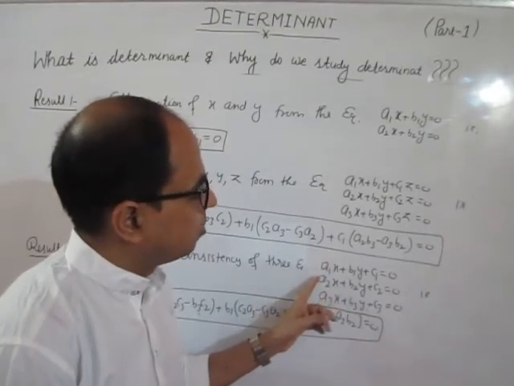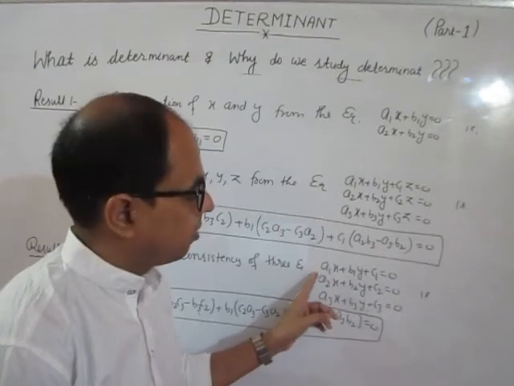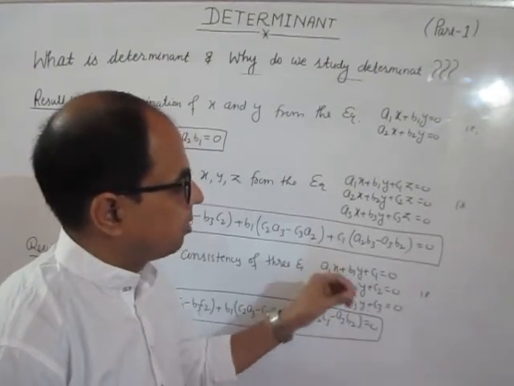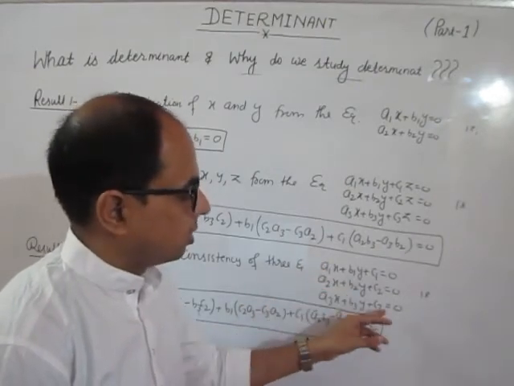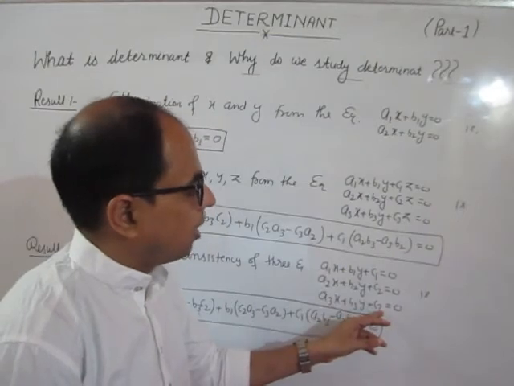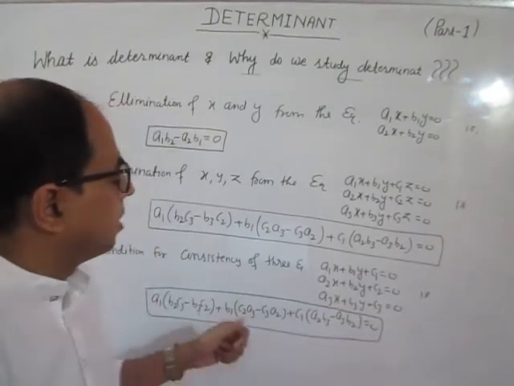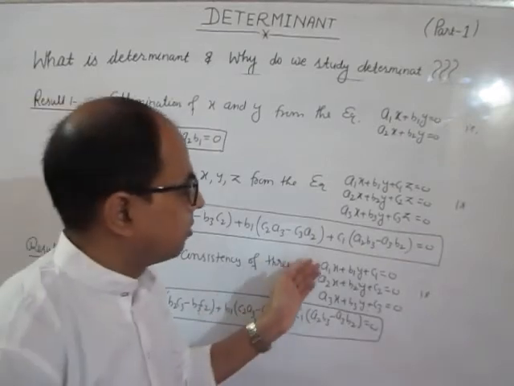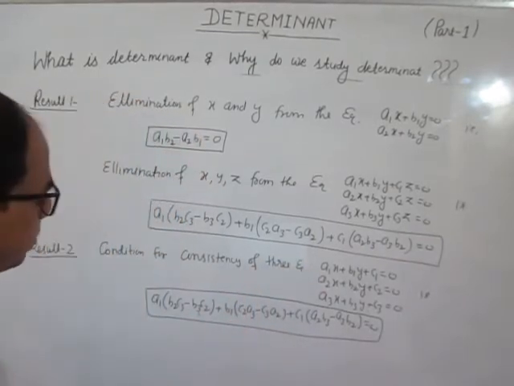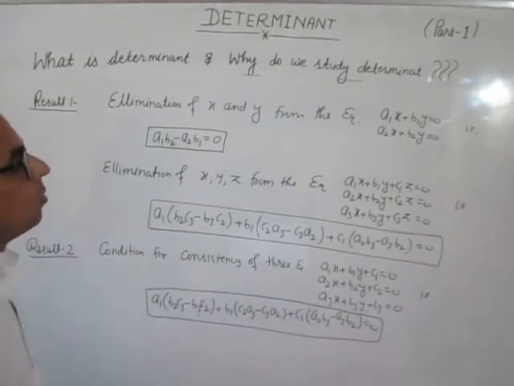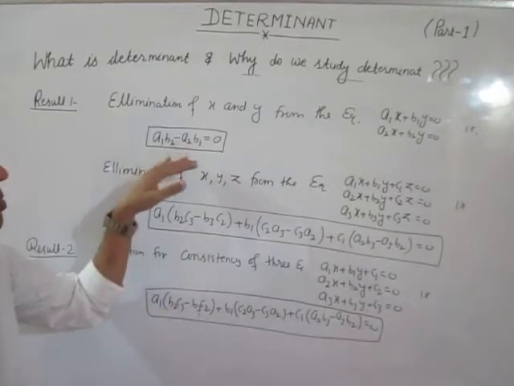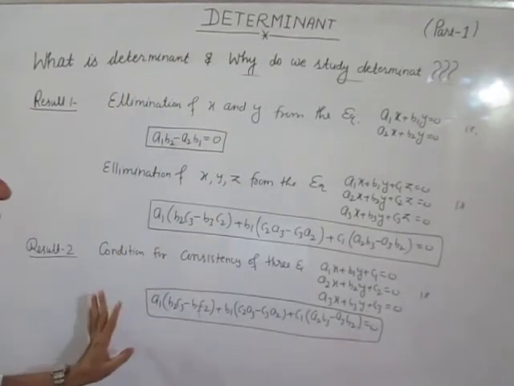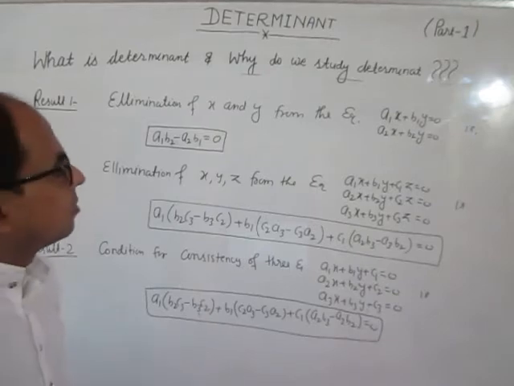So definitely by two equation you can get the value of x and y, and then put the x and y in the third equation. Clear? If it satisfies, then it is called that all these three equations are consistent. So I have written some result, because no space is there, so I am not writing the other results.